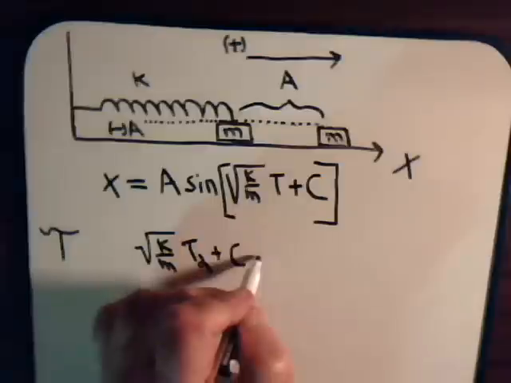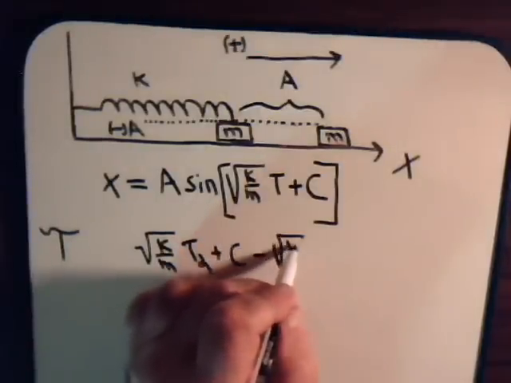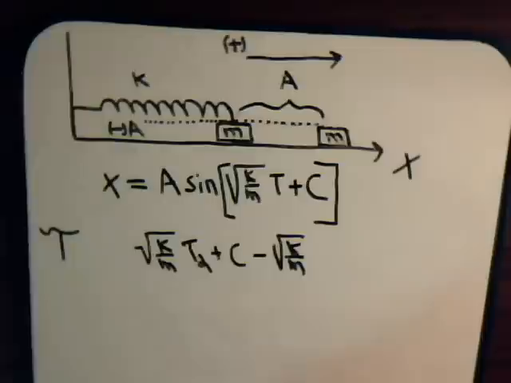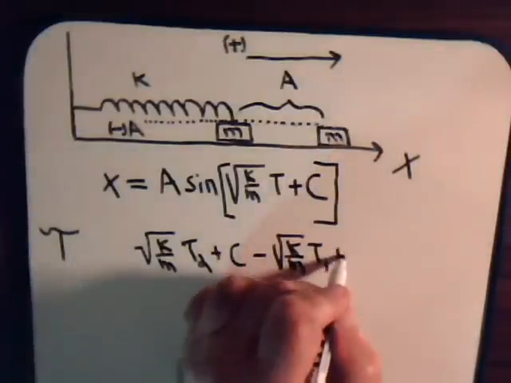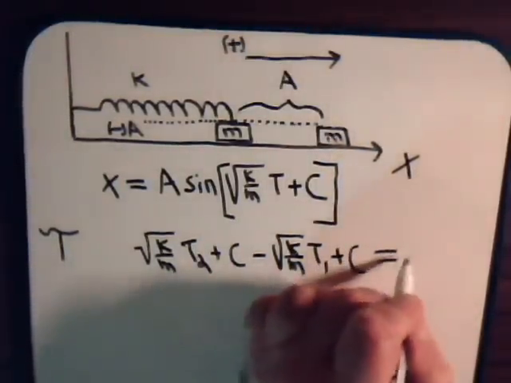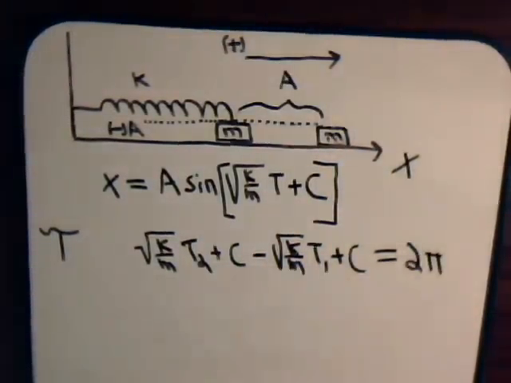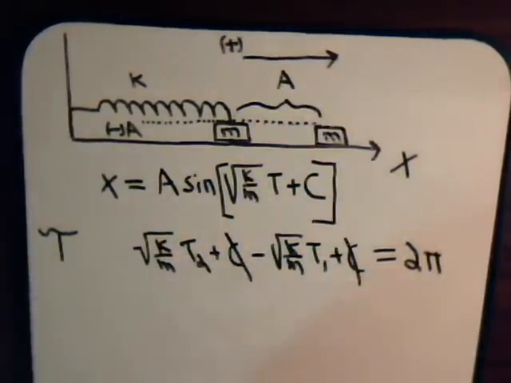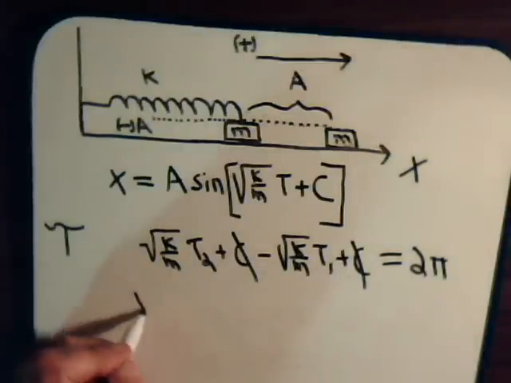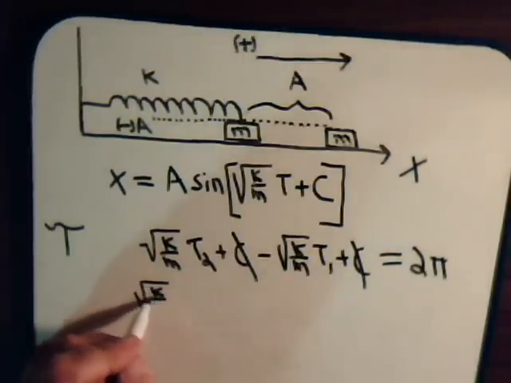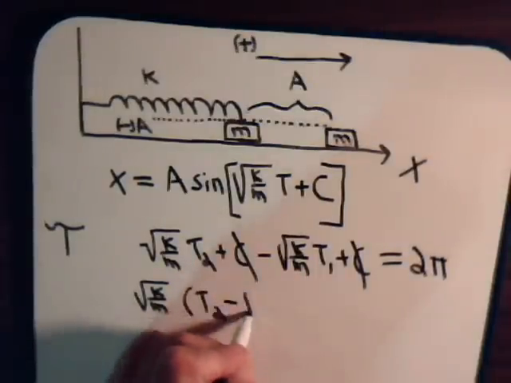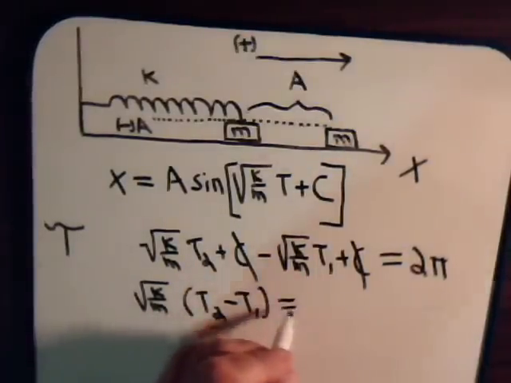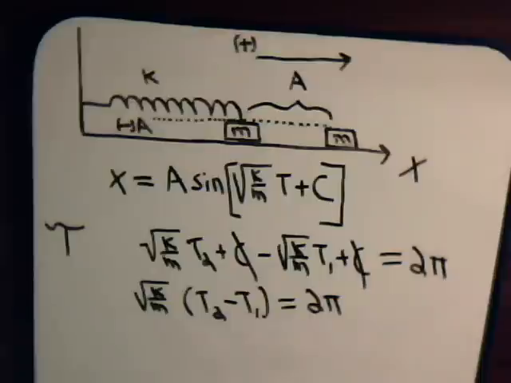minus the square root of k over m multiplied by a different time plus c, that has to equal 2 pi. But it's going to be periodic. Well, these cancel, and we have the square root of k over m times t2 minus t1 equals 2 pi.